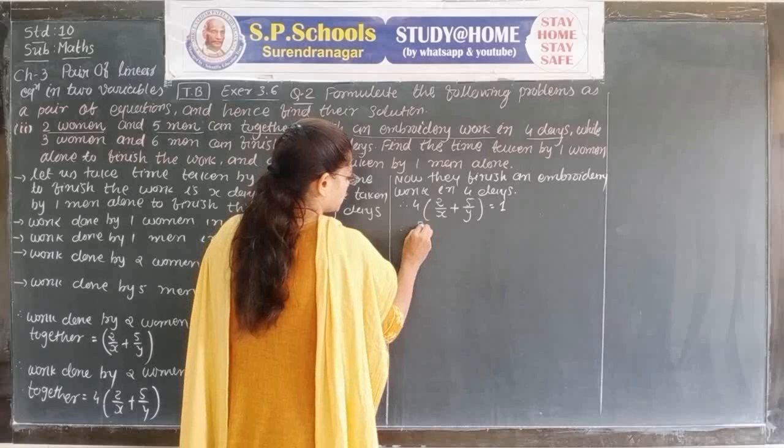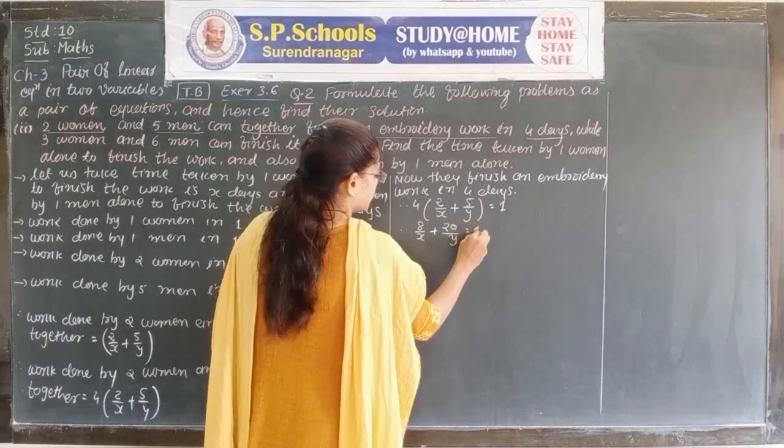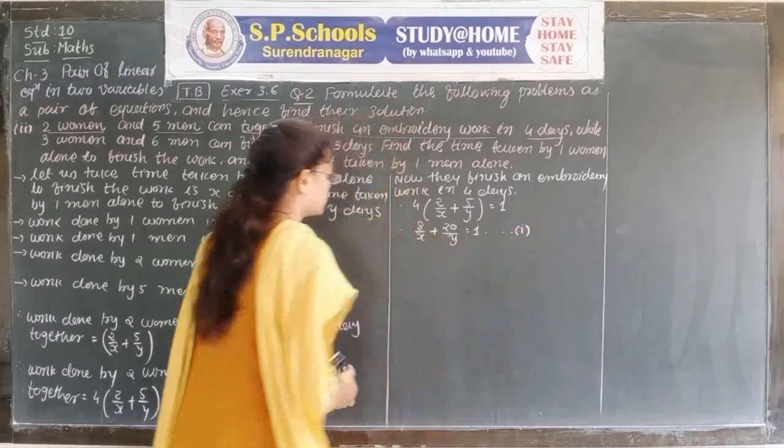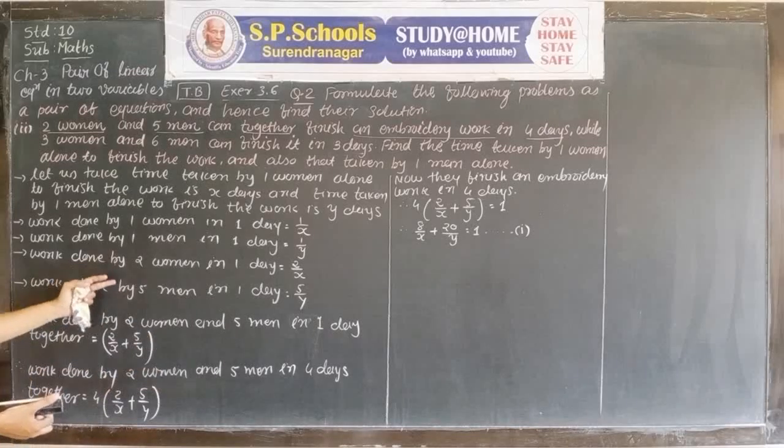That's why the equation is 8 upon x plus 4 fives are 20 upon y is equal to 1, which is our first equation. Now for the second equation, we do not need to find steps 1, 2, 3 and 4.